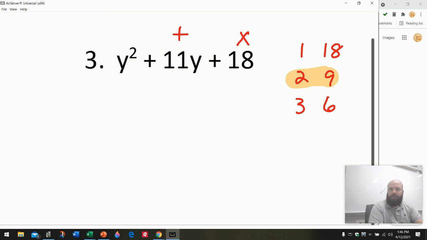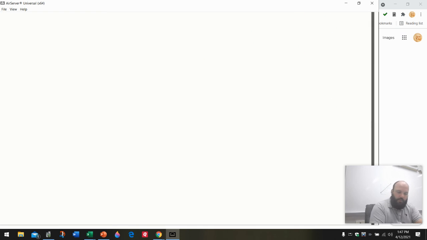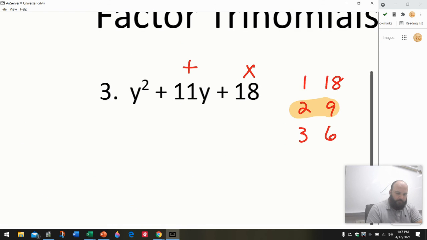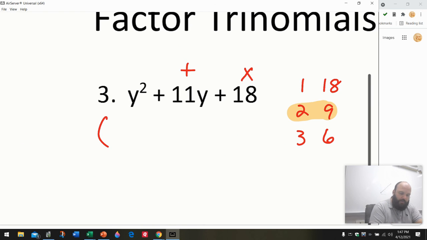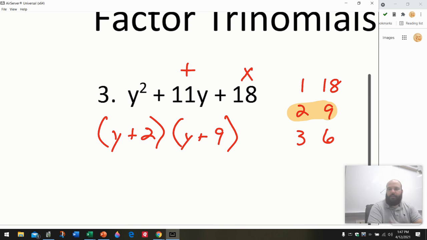In this case, 2 and 9 do. So those are our two numbers. We write our parentheses. We put our variable first in both sets of parentheses, and then we write our two numbers, 2 and 9. And that's it.